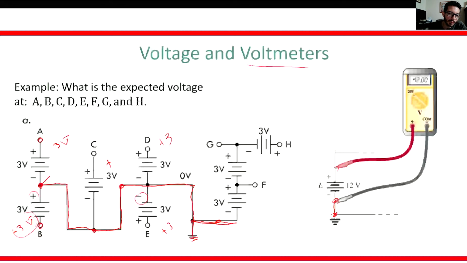Now, if you go from ground to point F, we have positive 3. Then if we go from ground to point G, we have positive 6, because it's 3 plus 3. And if you go from ground to H, we have positive 9 volts. All these points from ground to H were in series.